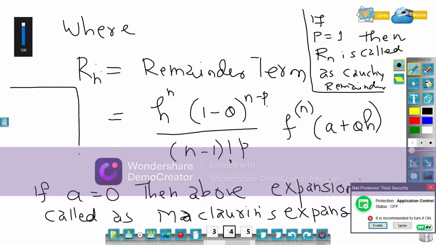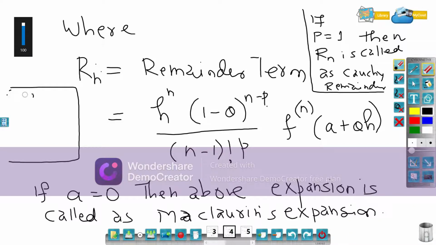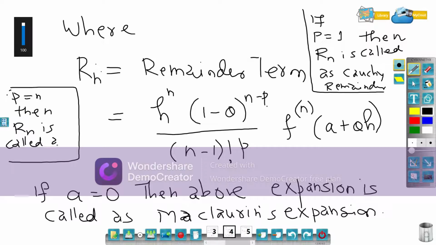And I have one more: if p is equal to n, then Rn is called Lagrange's remainder.